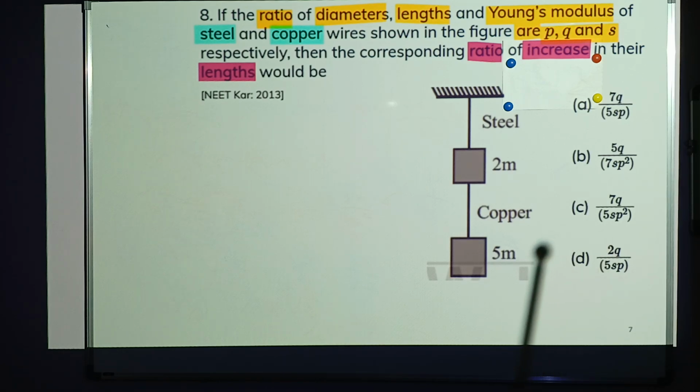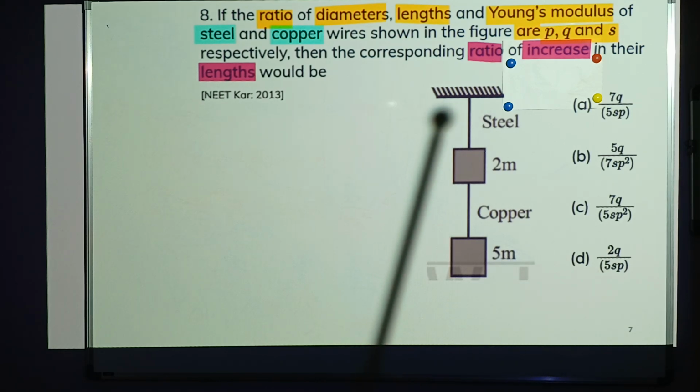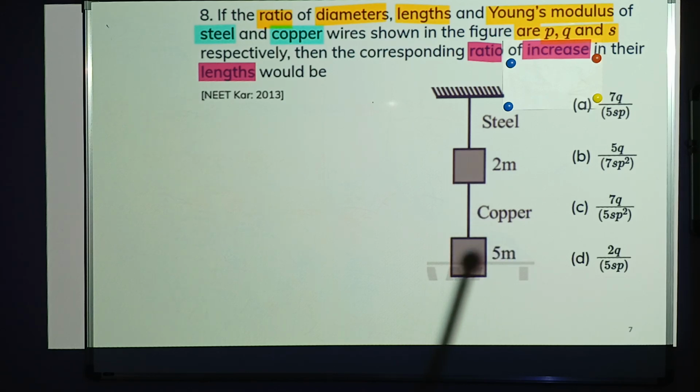Four options are given. So steel wire, copper wire. So this mass 2m, 5m. The steel wire will have a load of this entire thing below it, so that is 2m plus 5m, which is 7m. We can neglect the mass of this copper wire. The copper wire will feel the weight only because of this bottom mass, because the upper part is just like a support. Only this 5m mass will pull this copper wire.